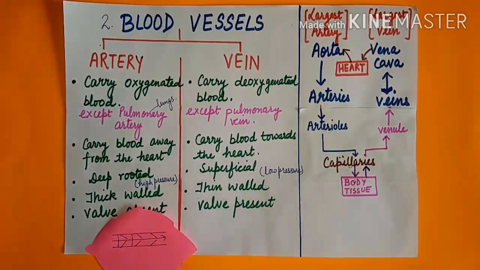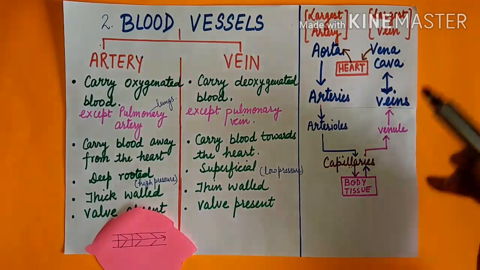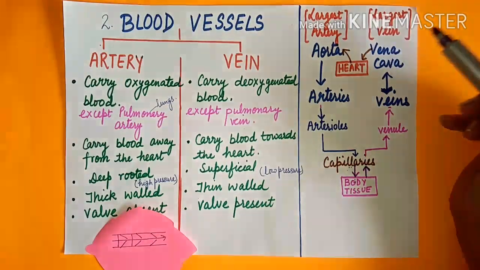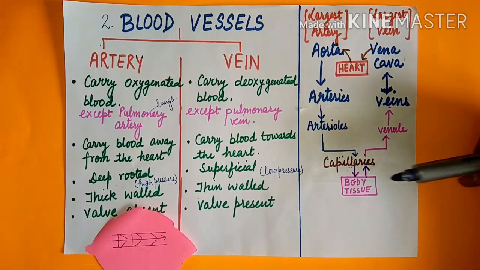Discuss about the third type of blood vessel, which is the finest and thinnest type of blood vessel, and I have drawn a flow chart to explain the relationship of arteries, veins and capillaries. Clear?